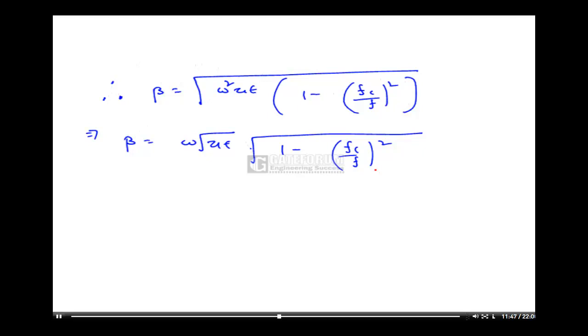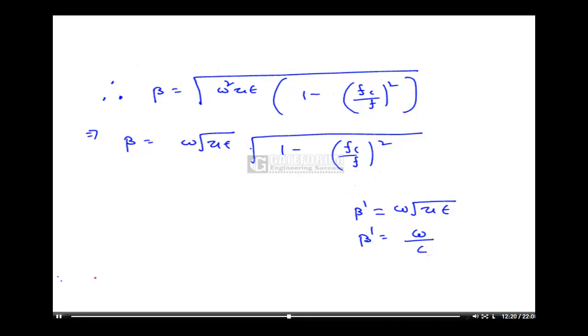I am representing beta dash as ω square root of με, or beta dash is equal to ω by c, because c is equal to 1 by square root of με, where c is the free space velocity, 3 into 10 power 8 meters per second in free space.